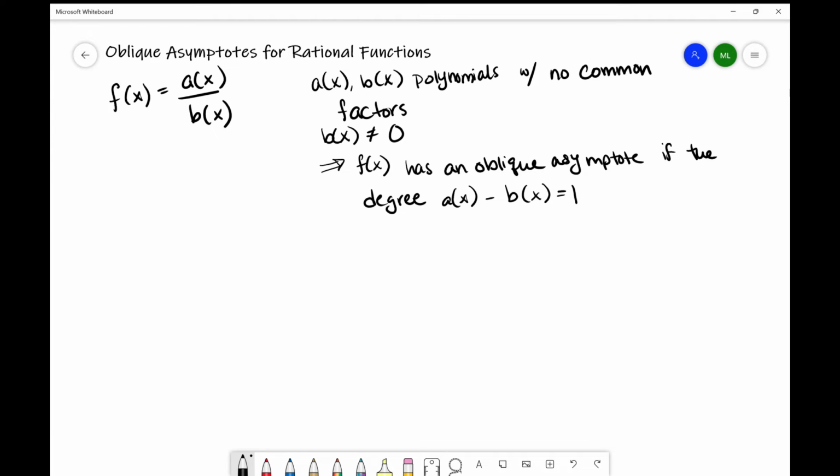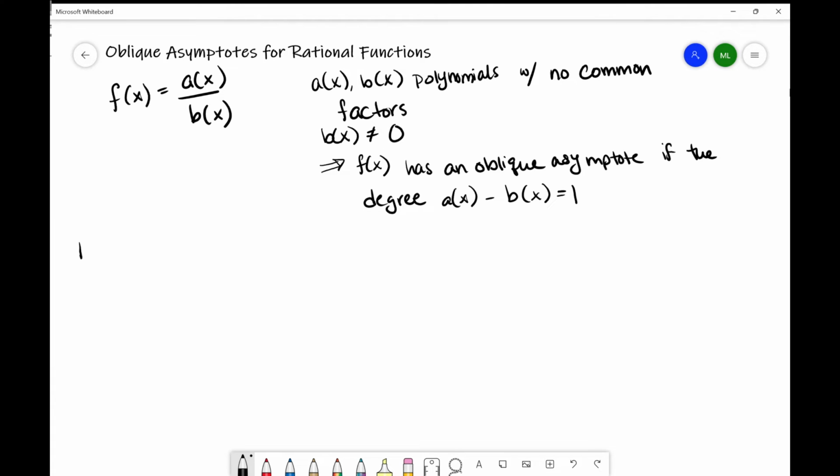So these are our conditions. They are polynomials with no common factors, and if we take the degree of a of x, our numerator polynomial, minus the degree of the second polynomial, b of x, and that equals 1, then we definitely have an oblique asymptote.